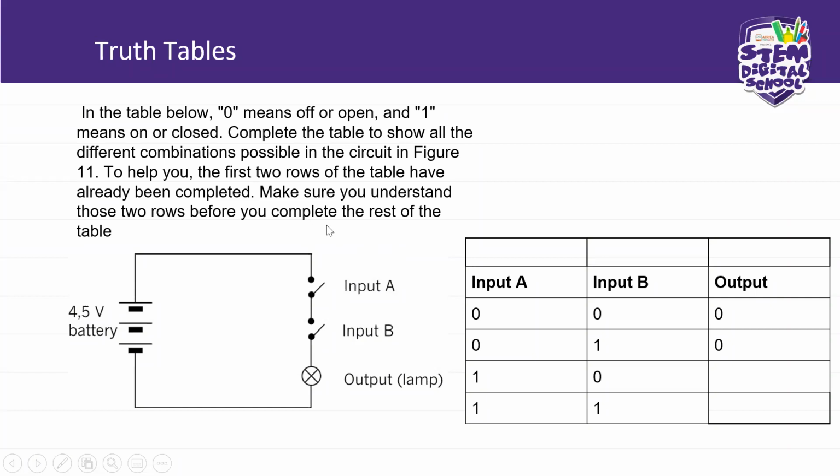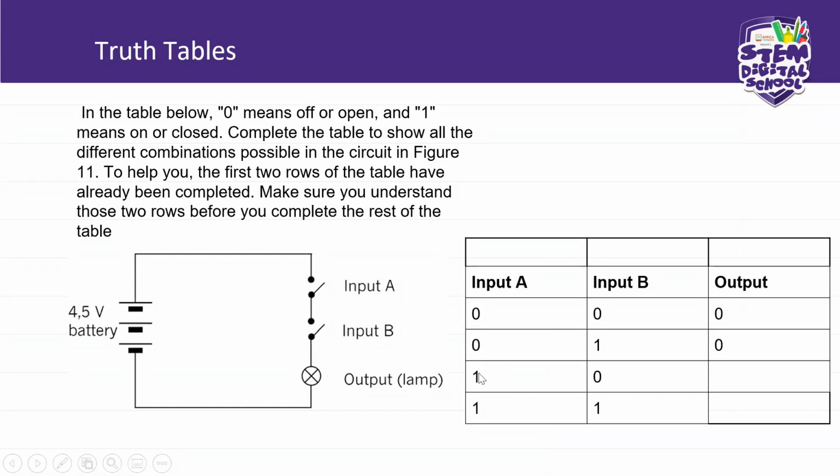We did it that side, but let us look at this, okay? So if this is 0, it's open. Switch 1, input A, is open, and switch 2, switch B, is open. The output, the lamp, is 0. So 0, 0, 0. And if input A is open and input B is closed, the output is 0. You did that in that other slide.